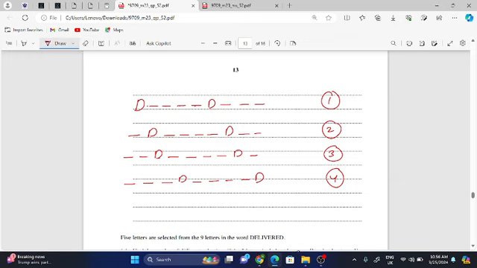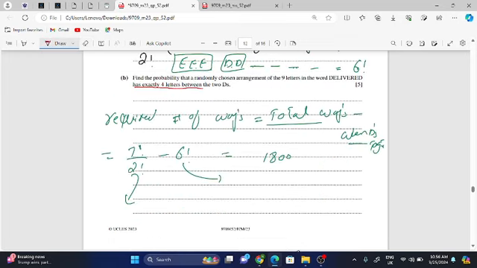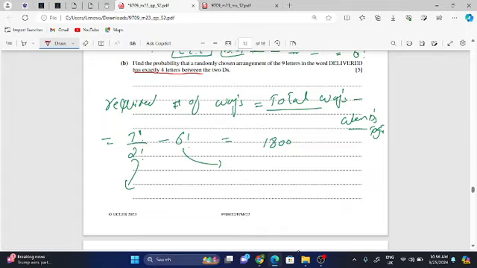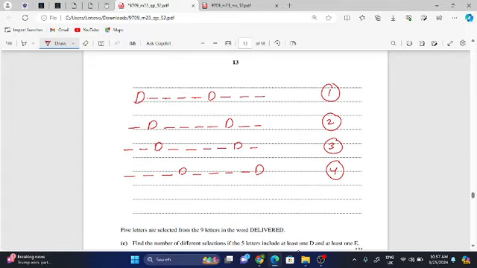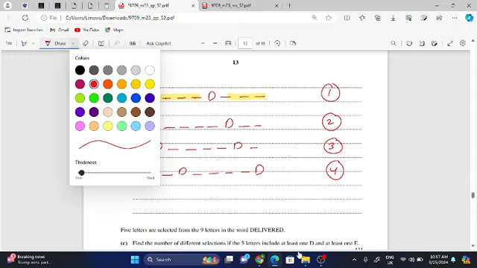Now go back to the question, is there any more restriction? 9 letters in the word delivered having exactly 4 letters between the two D's. No, there is nothing more. So you can see there are 4 letters between these two D's and 3 letters to the right, and the word is delivered.